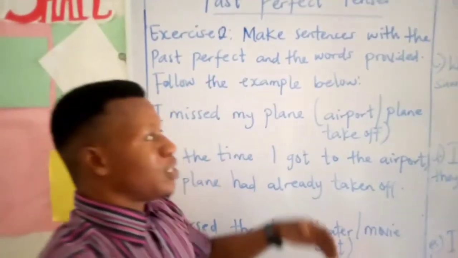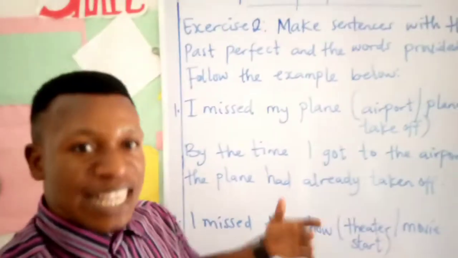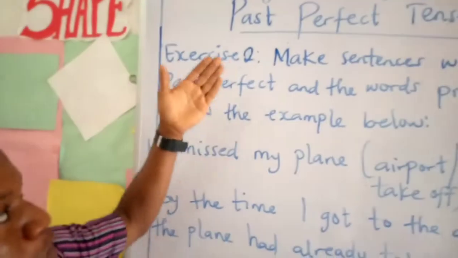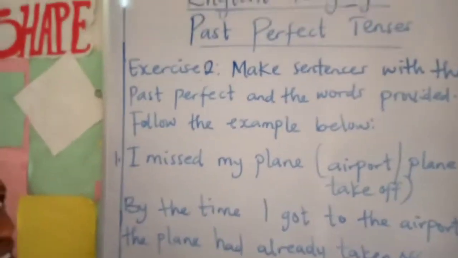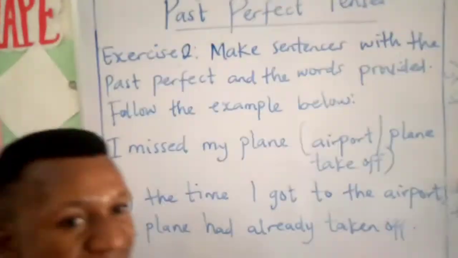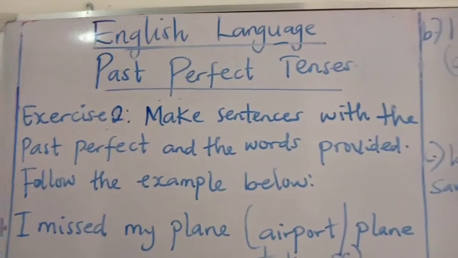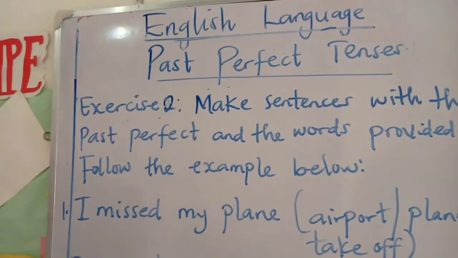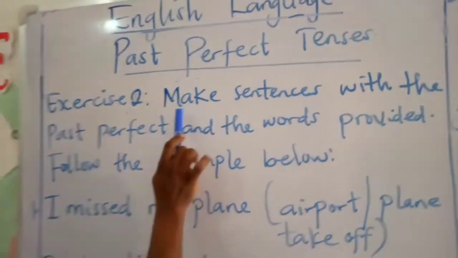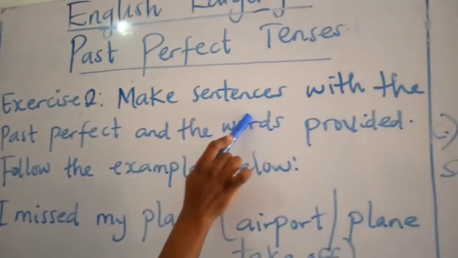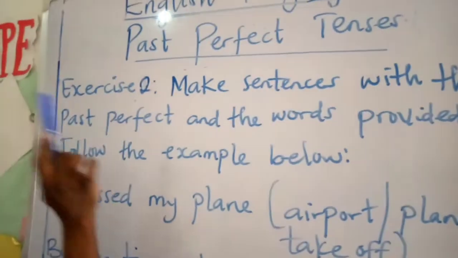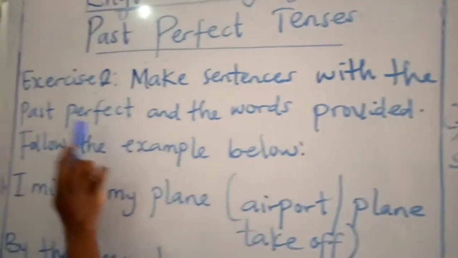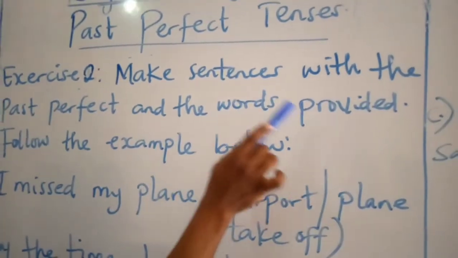Talking about the first exercise, now we are going to be looking at exercise 2 on the same topic, past perfect tenses. Now, for this exercise, let's hear what we're asked to do. We are asked to make sentences with the past perfect and the words provided.